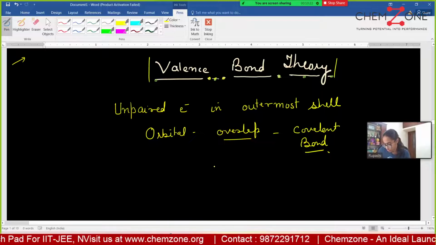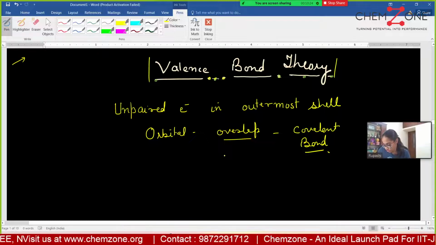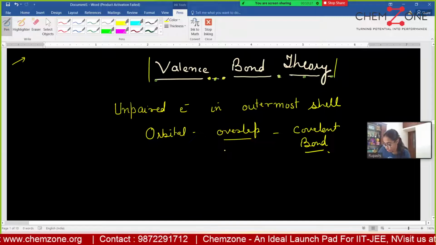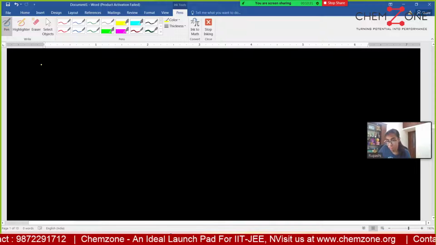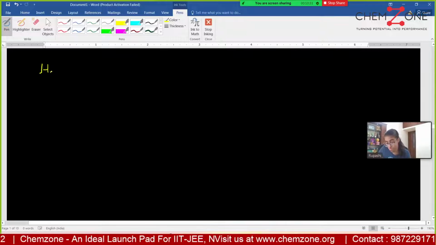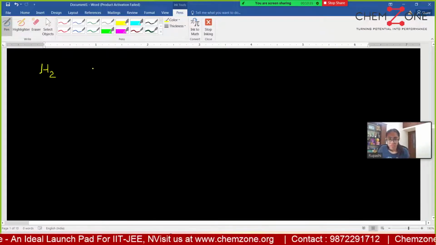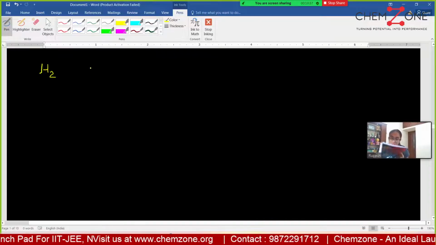That makes a covalent bond. Basic theory is this. Now we come to the molecule and apply this to certain molecules. H2 molecule.